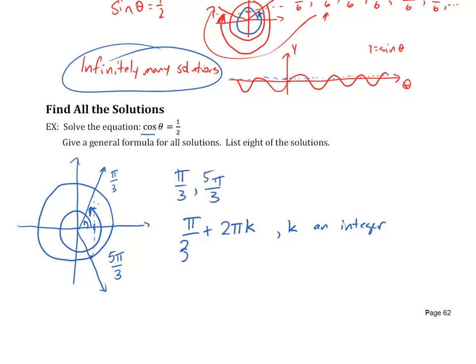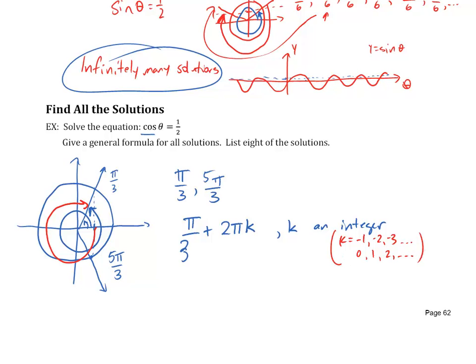I could go back around the other way, let's do this in red. If I start here and go back around this way, that would be pi over 3 minus 2 pi. So I could use k as -1, -2, -3, or I could do 0, 1, 2, 3. Those are all my possible k values.